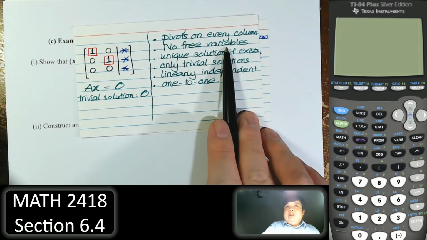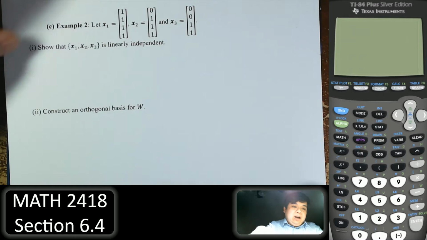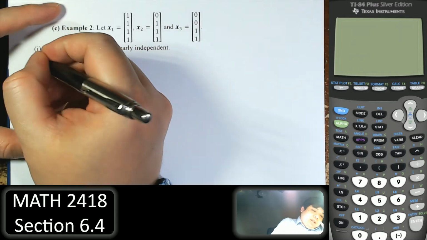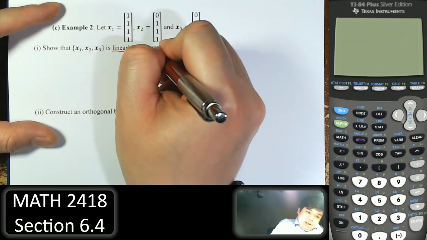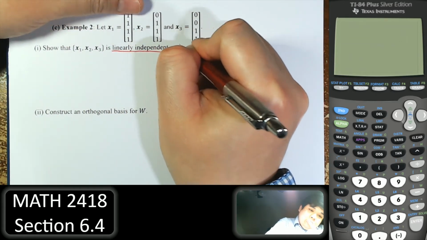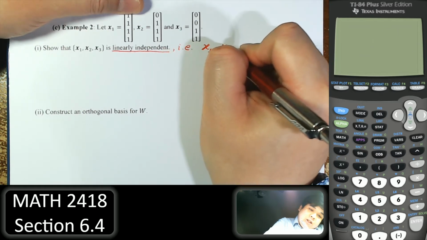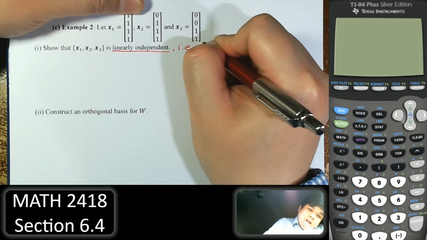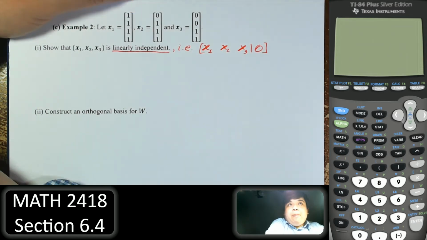That means no free variable. So linearly independent is equivalent to the homogeneous system x1, x2, and x3 equal to 0.